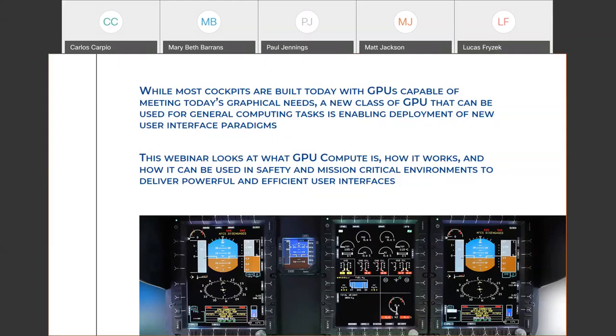What we're going to talk about in this webinar is what is GPU compute, how does it work, what can it be used for, and how you can use it and certify it in safety and mission critical environments in order to deliver these new display techniques and these new interaction techniques.